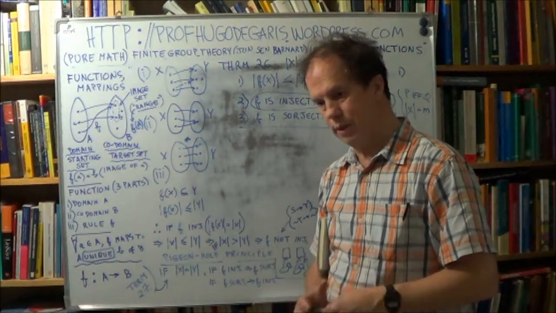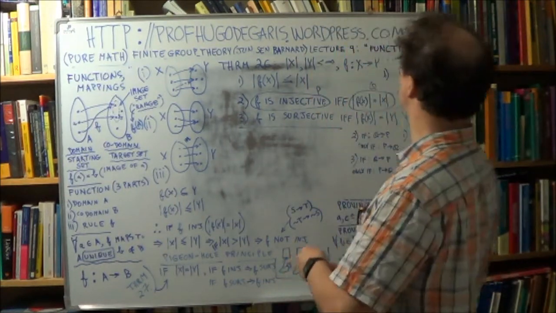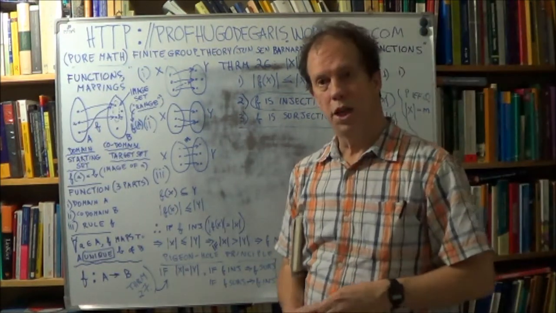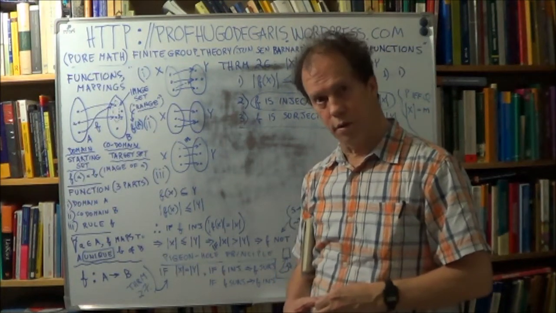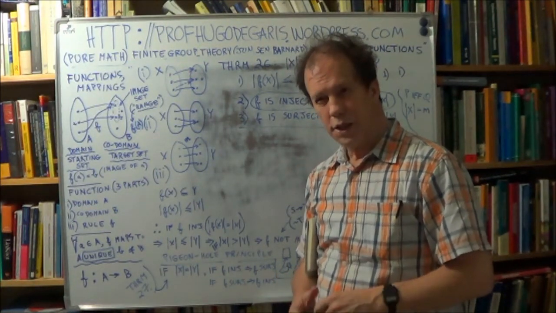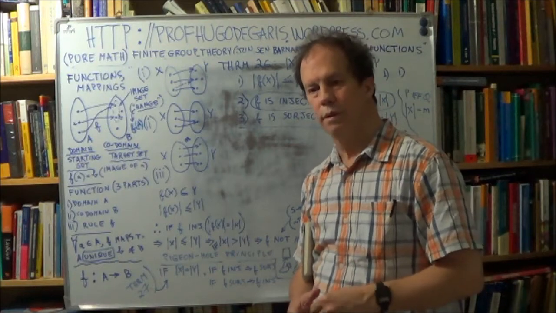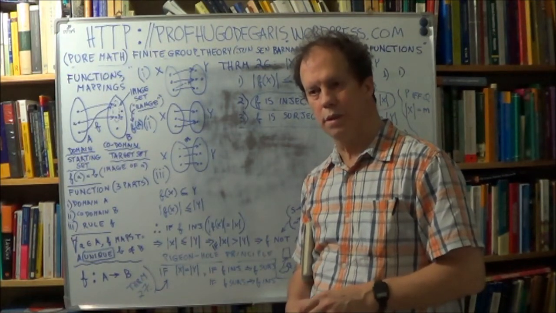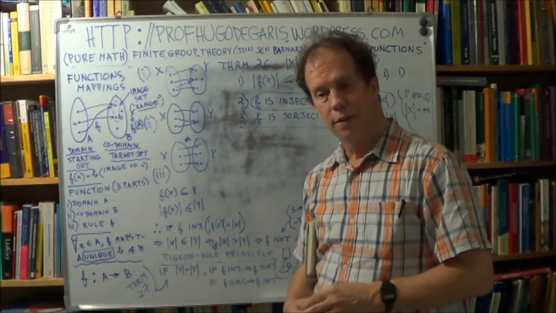Now, next lecture will be Lecture 10. So we're halfway through the course. And Lecture 10 is about composite functions. That means functions that have parts.